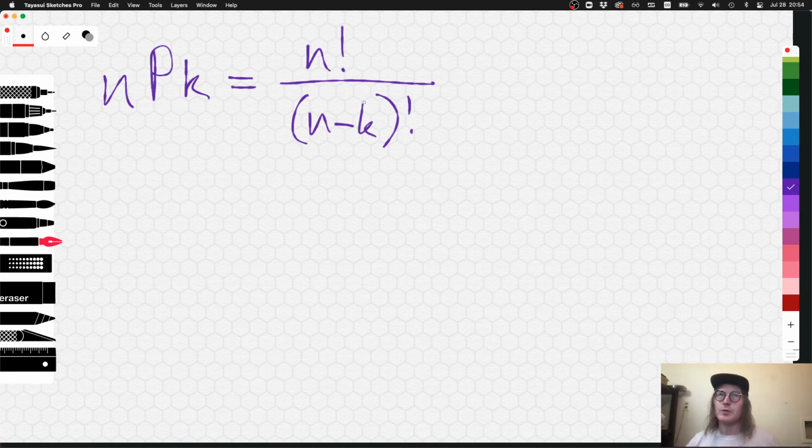It's not exactly the complement, but we're eliminating out the rest of them. So if we're permuting 4 of them, we're not permuting the other 6 at any given moment, right? So we are going to eliminate out 6 factorial in this case. So that's just some underpinning of what's happening here.